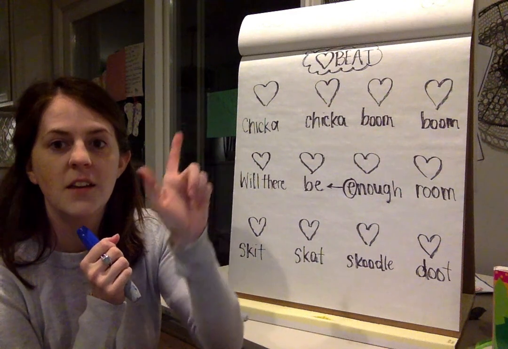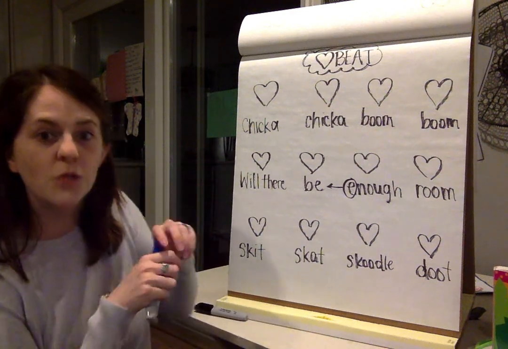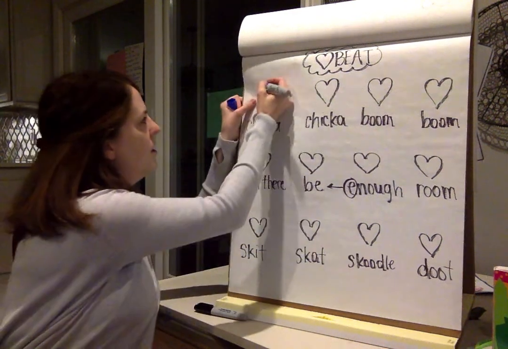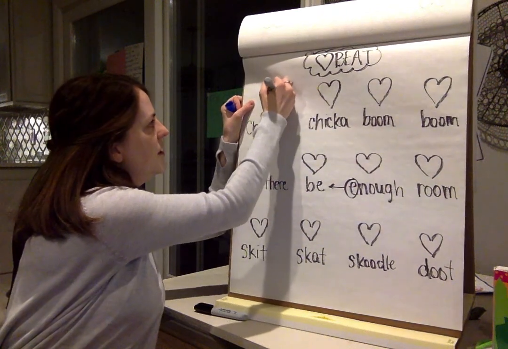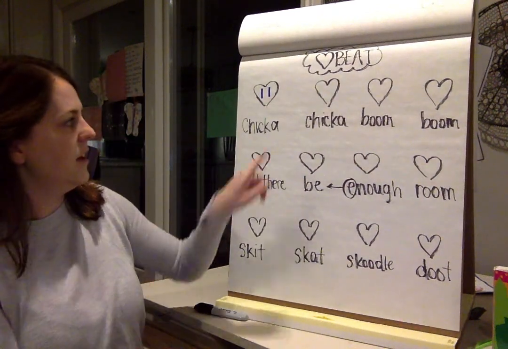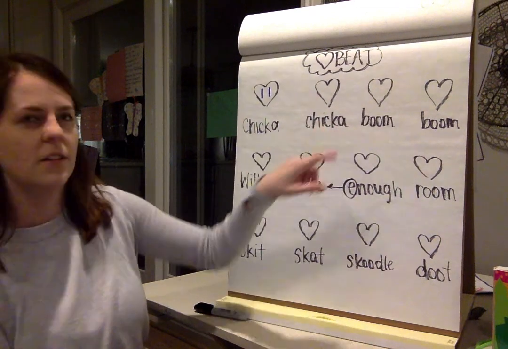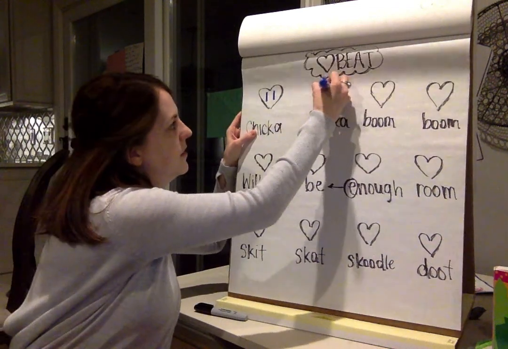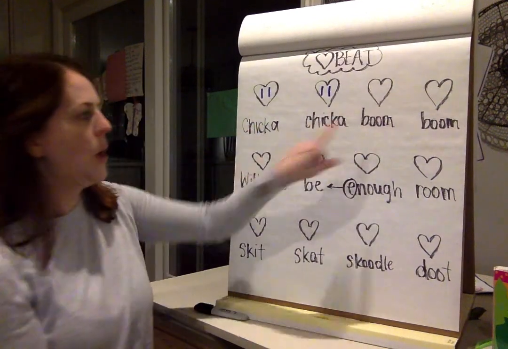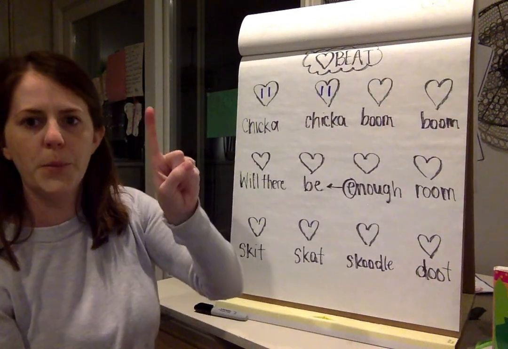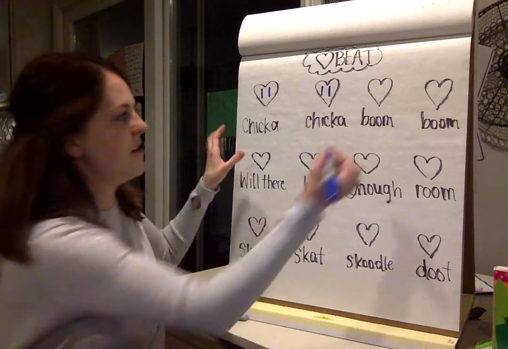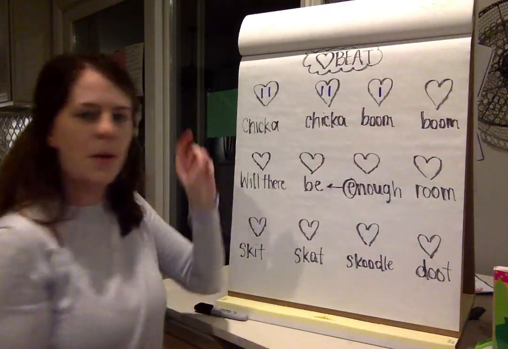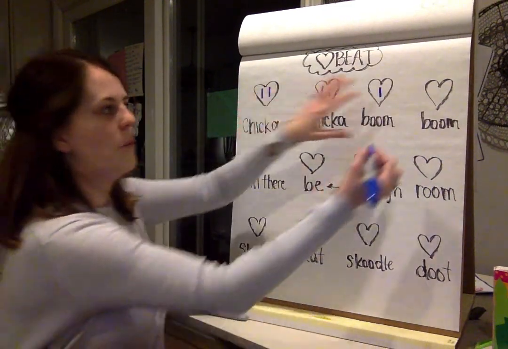Chicka. That's 1, 2 sounds. So I'm going to draw 2 lines. 1, 2. Chicka, chicka. Let's say it again. Chicka. 2 sounds. Boom. 1 sound. Boom. 1 sound.